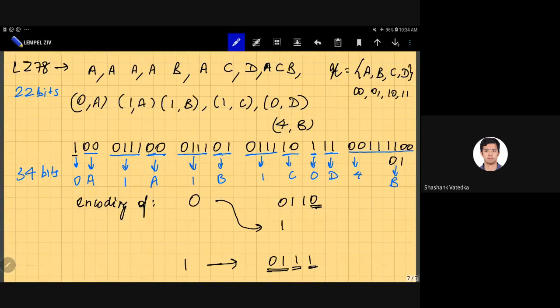So under what circumstances do you think LZ78 would actually give you a good compression?